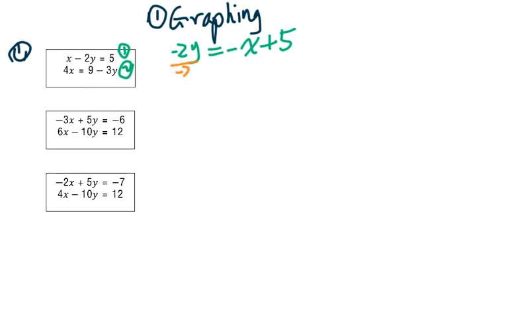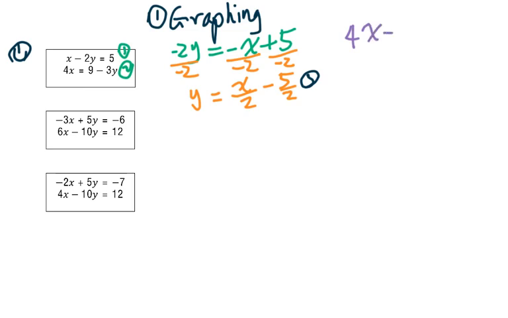So I get negative 2. I will get y equals x over 2, then negative 5 over 2. That's the third one. And for the second equation, I will get 4x minus 9 equal to negative 3y.